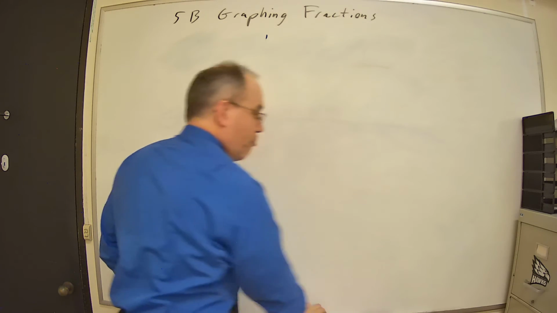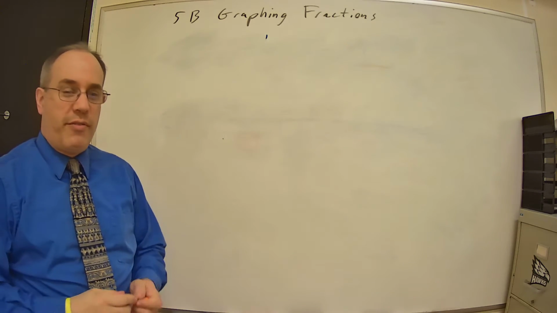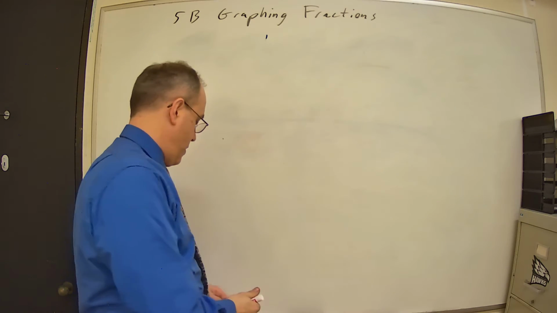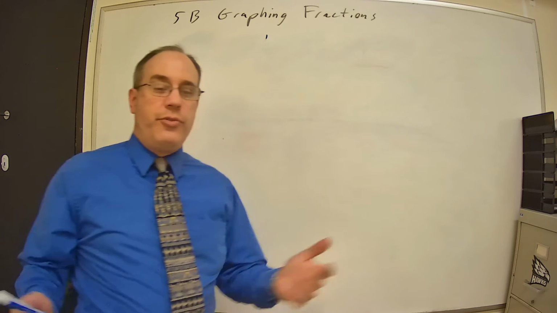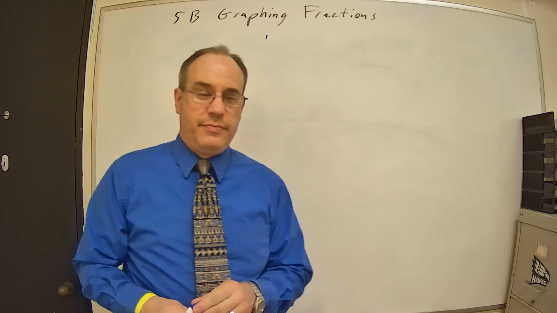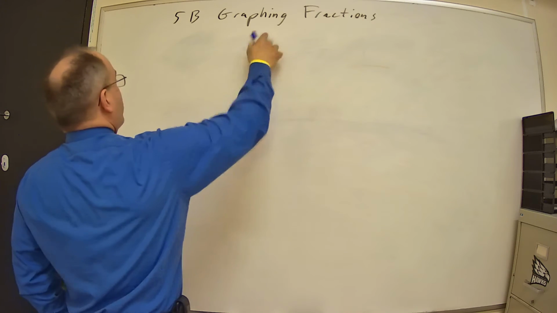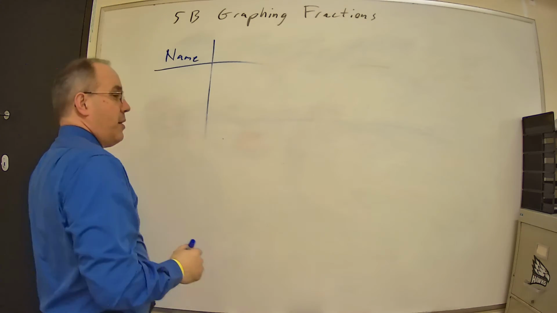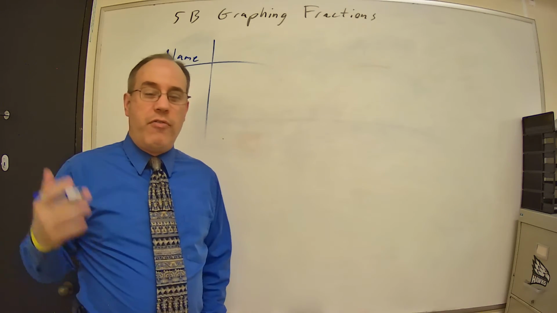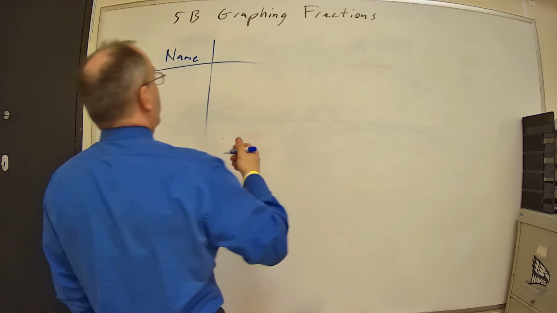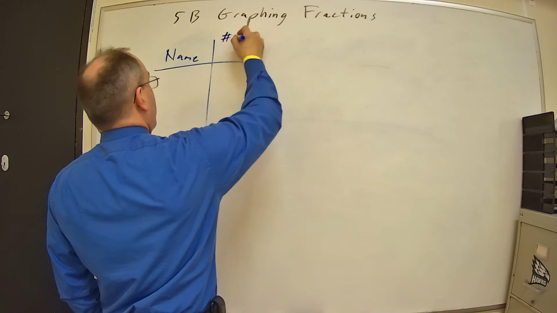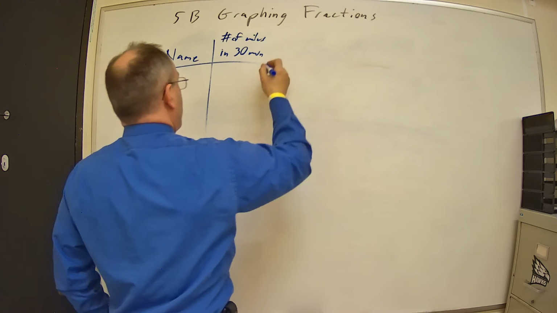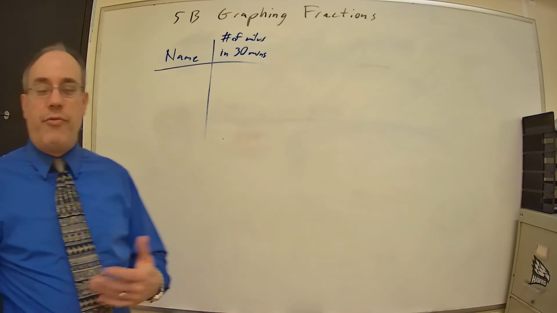Well, what if we want to do a bar graph dealing with fractions? Now, let's say we'll have the names of people, and then we'll have the number of miles that they cover in 30 minutes.